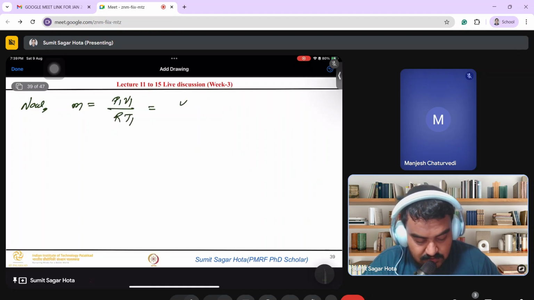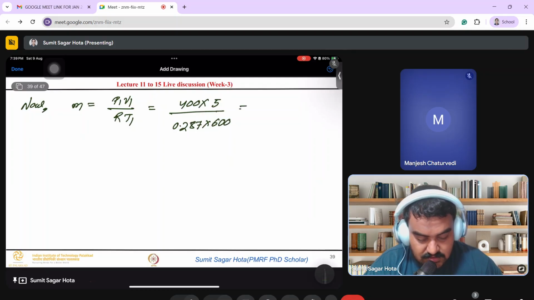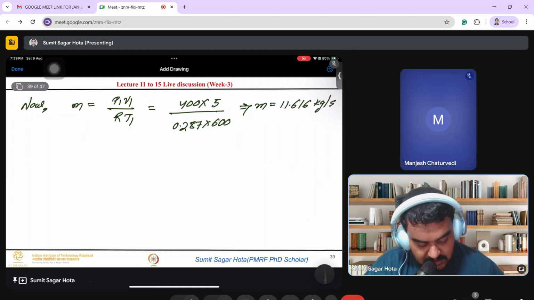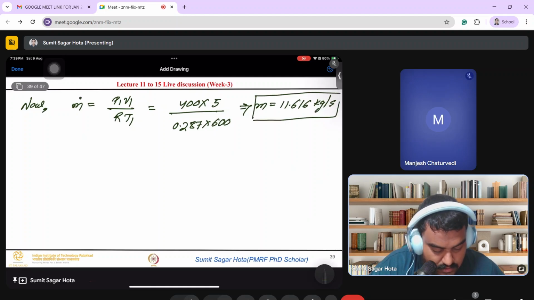Everything we have. 400 into 5 by 0.287 into 600. So m we have 11.616 kg per second. This is m dot.